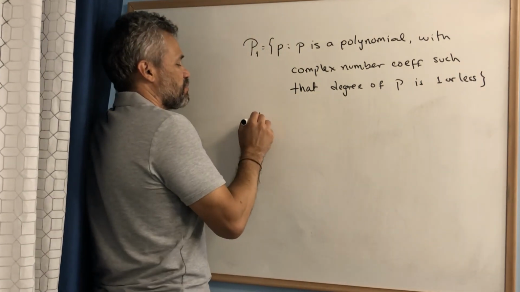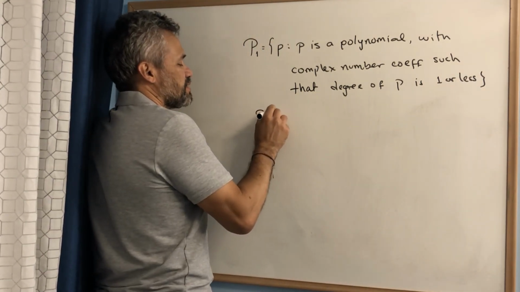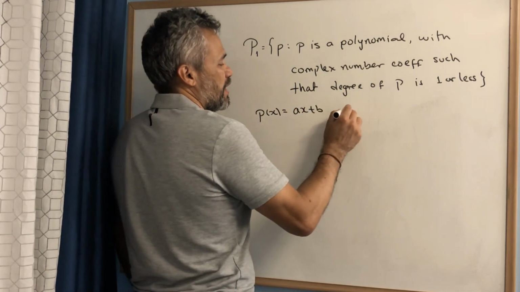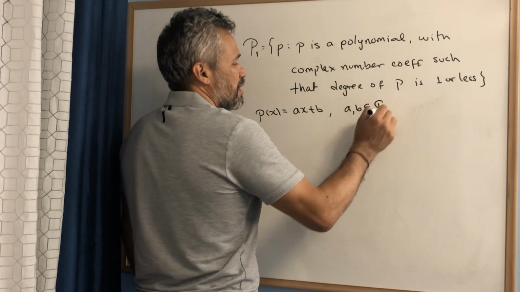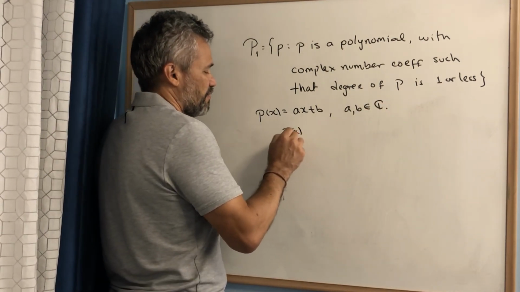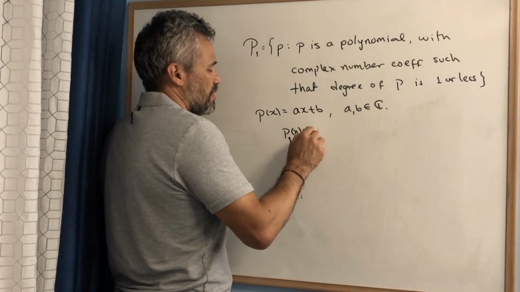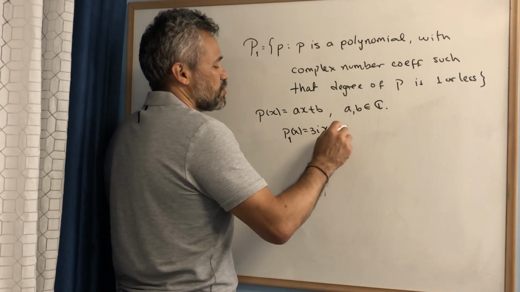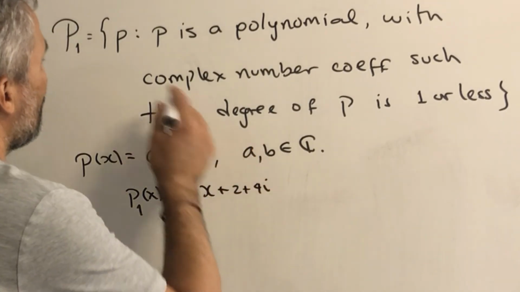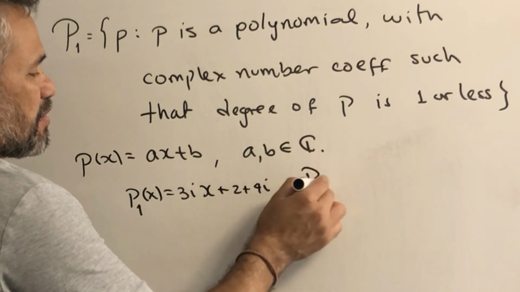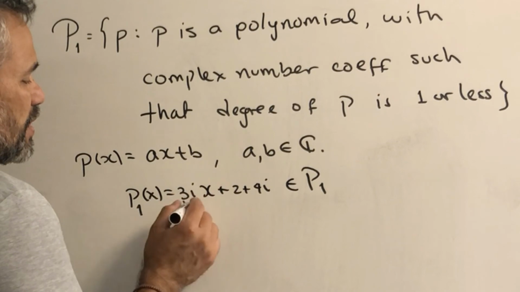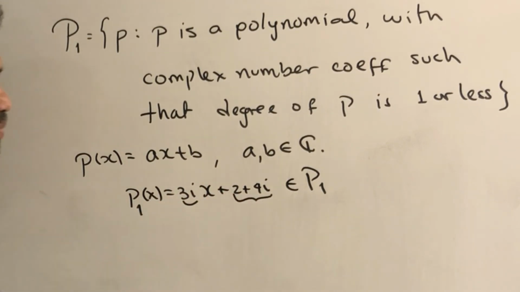In general, this polynomial will look like P of x equal to ax plus b, where a and b are complex numbers. A particular example: P1 of x equal 3ix plus 2 plus 4i is an example of an element in P1. Notice that here the coefficients are a equal 3i and b equal 2 plus 4i.